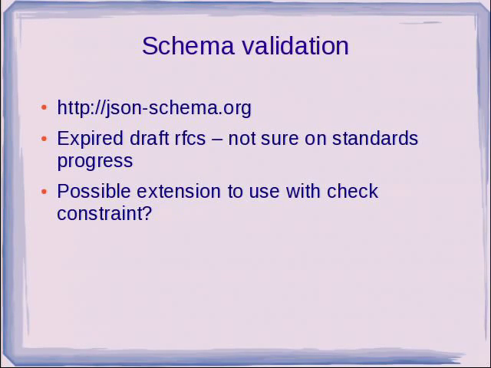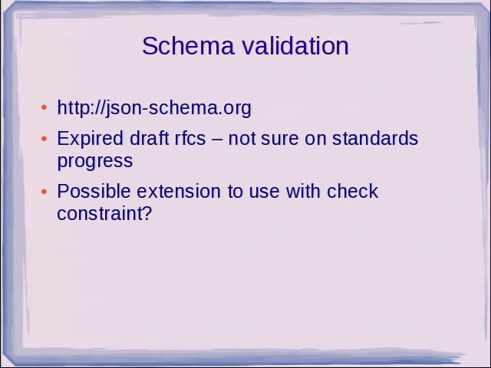And another suggestion has been that we should do some sort of schema validation. There is JSON Schema. I'm not sure that it counts as a standard because it's never been adopted by the IETF, but I believe it's reasonably widely used.